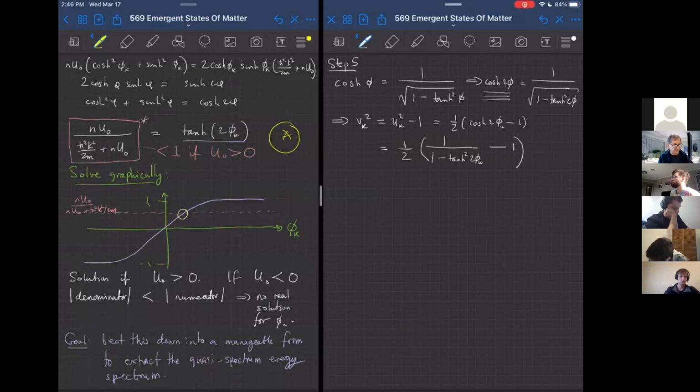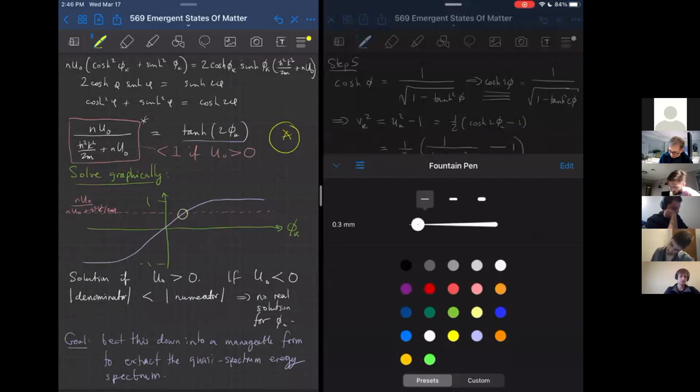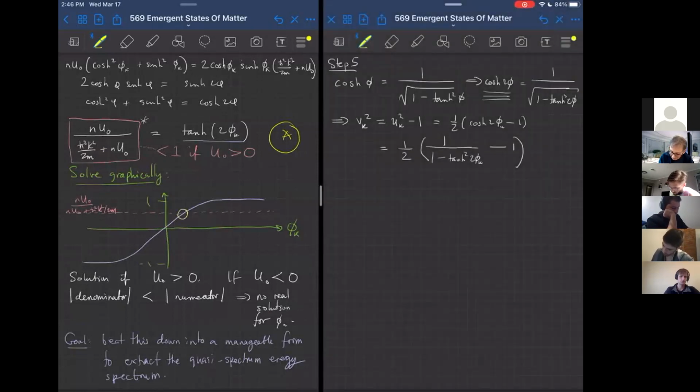And then I can just substitute in my formula. So what I get, without belaboring it, is that u k squared is 1/2 of 1 over epsilon of k times h bar squared k squared over 2m plus n u naught, plus 1.